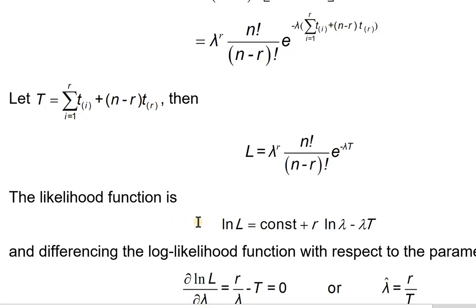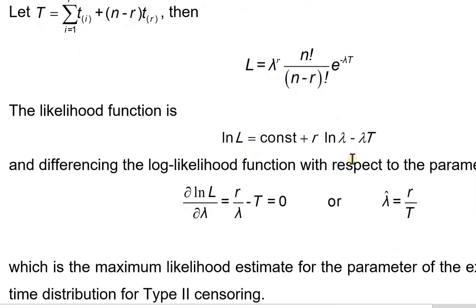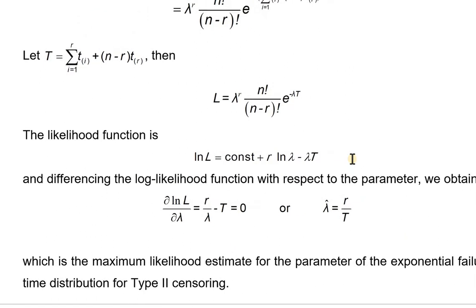Then the next step, we take ln on both sides, so the ln of the likelihood function. This one is a constant, and then it will be r times ln lambda, and the exponent cancels out, remaining only negative lambda T. And then the last step, we differentiate the log likelihood function.